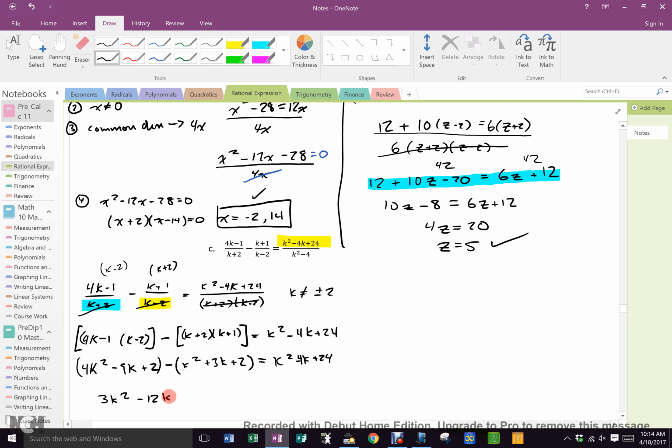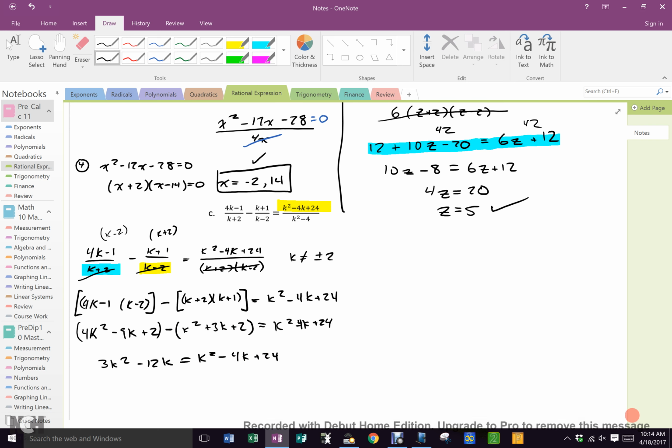Negative 12k and 2 minus 2. 0 equals k squared minus 4k plus 24. Now what? Why is it 12k? Because negative 9k minus 3k. Oh, gotcha. Minus 1.